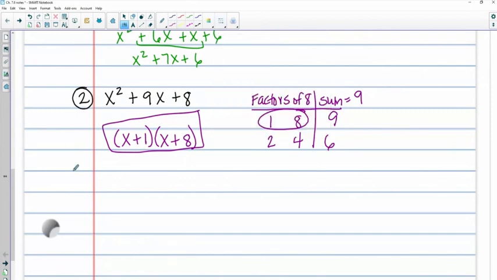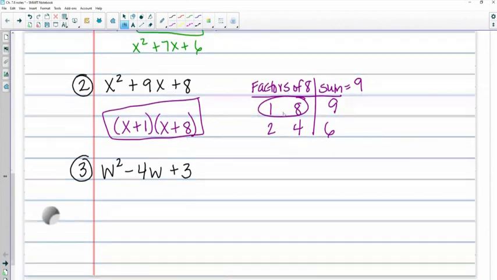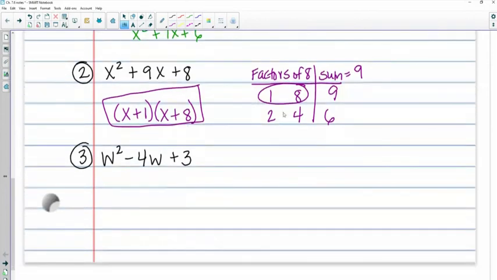Number 3. w squared minus 4w plus 3. Okay, so remember the rules about the positive and negatives.